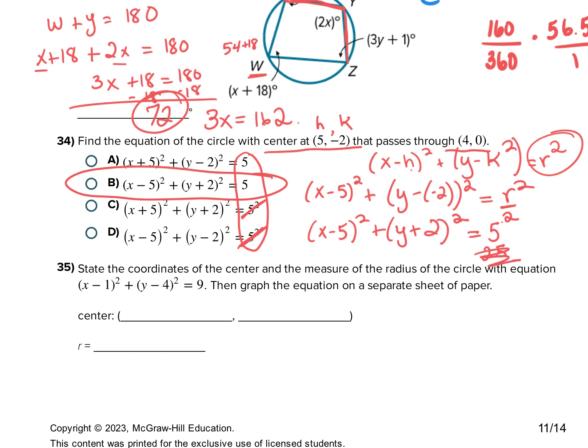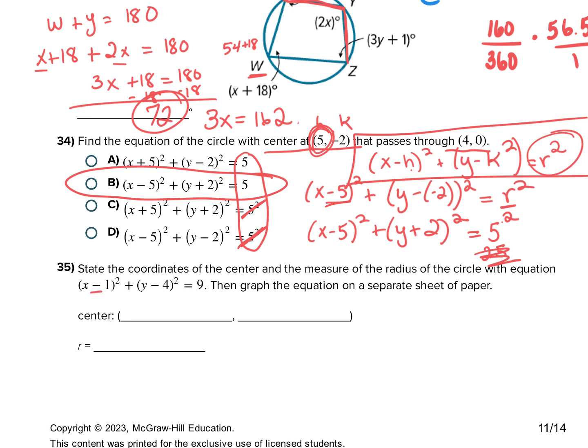Okay, so here it's asking us to state the center and then the length of the radius. Now remember, let's keep this formula here in mind, okay? So when your value is positive, we just plug it in, so it ends up being -5, because there are subtraction signs in between the x and h and y and k.